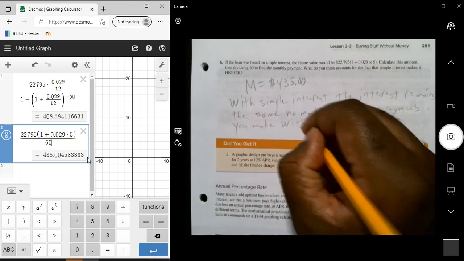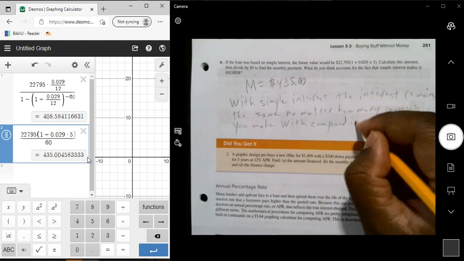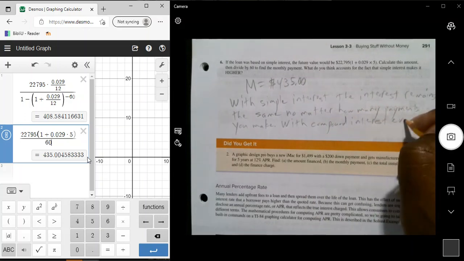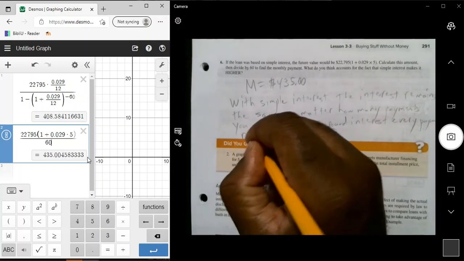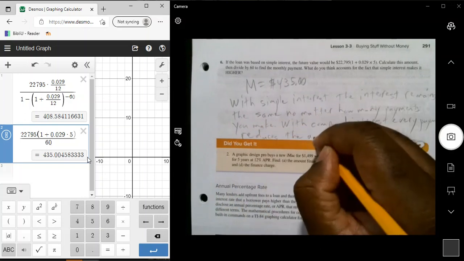With compound interest, every payment reduces the amount of interest owed.